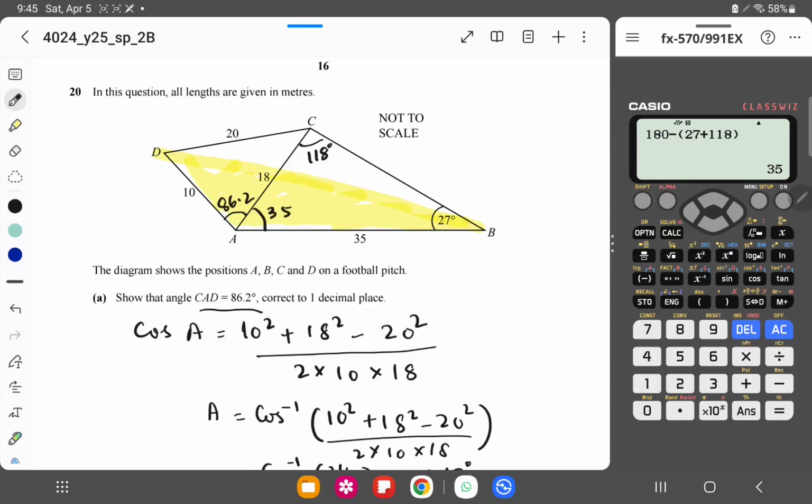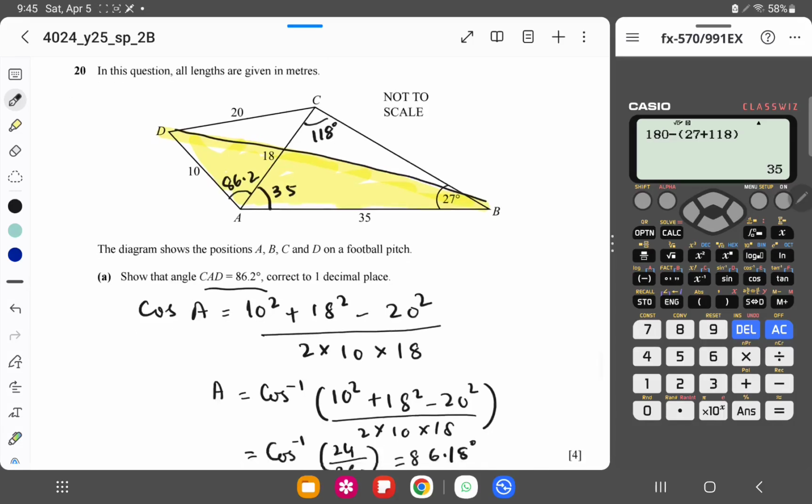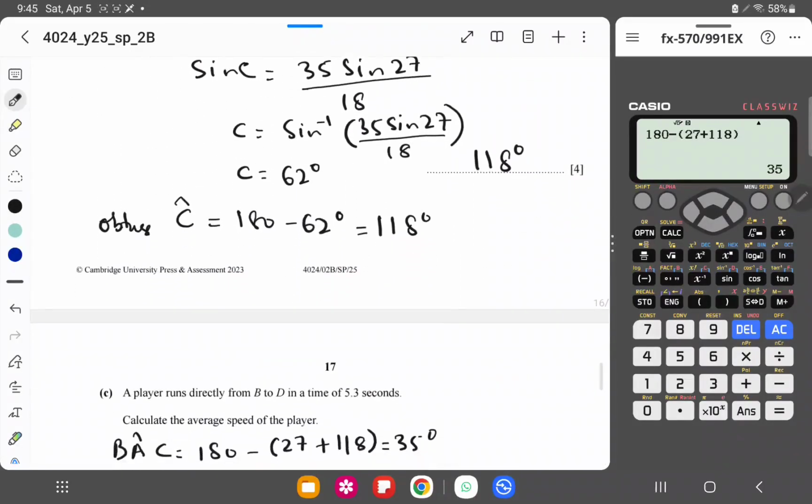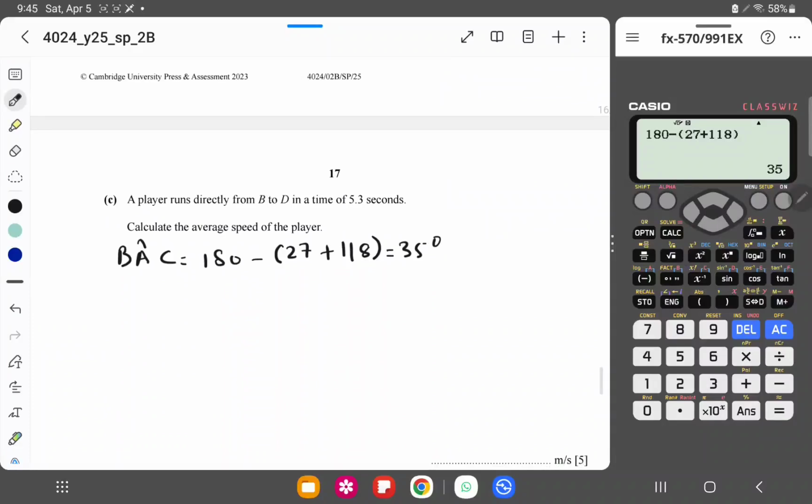Okay, so here if I draw this whole triangle, I can easily find out the distance. So the total angle DAB, because we use the cosine rule, we have to add this. 86.2 and 35 add together to get the BAD angle.